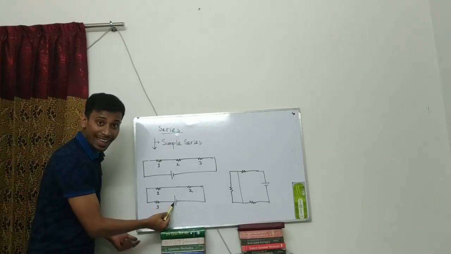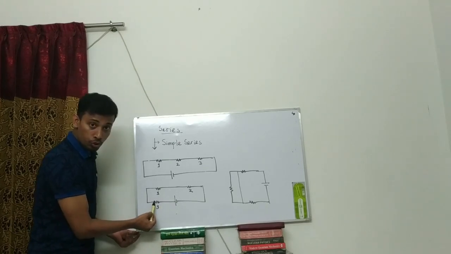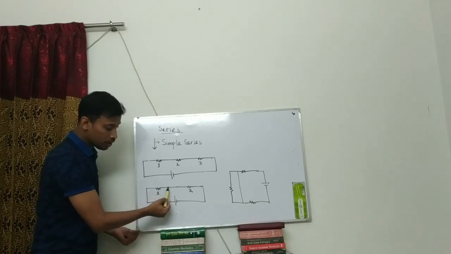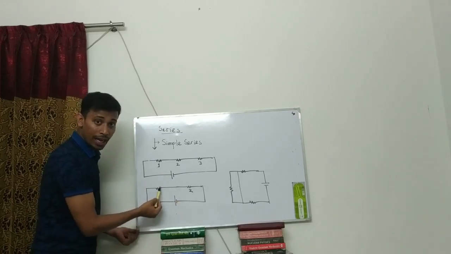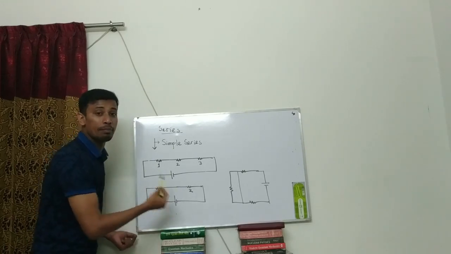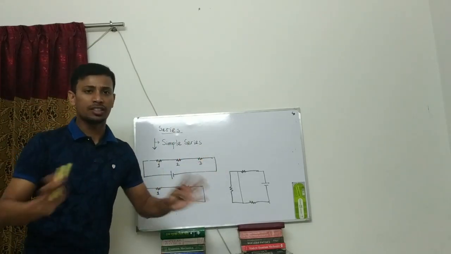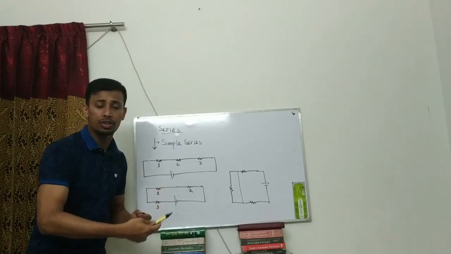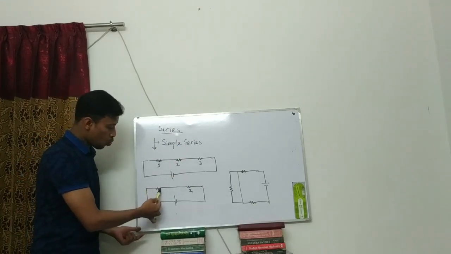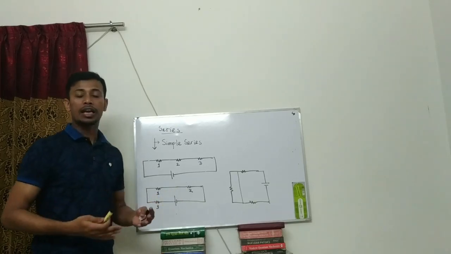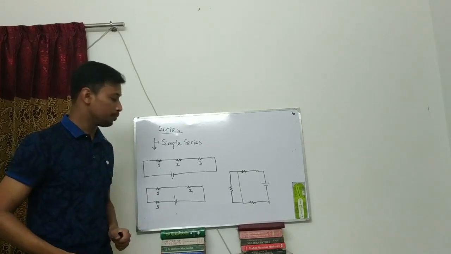If this is the cell, electrons start from here and move through 3, 1 and then 2. So 3, 1 and 2 are in the same line. They can be top, bottom, right, left, doesn't matter. If they are in the same line, they are part of series. It's a simple series circuit.